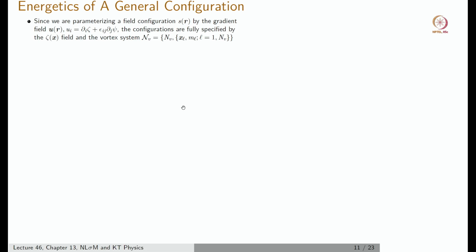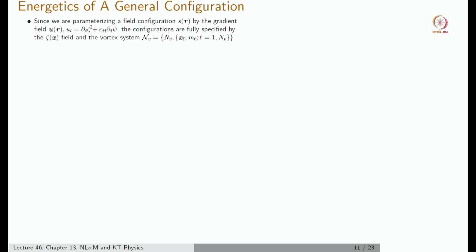Okay. So now we have discussed the energetics of pure vortex configurations. For a general configuration including spin waves and vortices, what is the energy? Okay. So we know that for any configuration S of R, the gradient associated with this is called U of R, or S of X, I should say, so that's a typo. S of X, we can characterize it by this. You will see that the velocity field can be written as gradient of zeta plus epsilon_ij d_j psi.